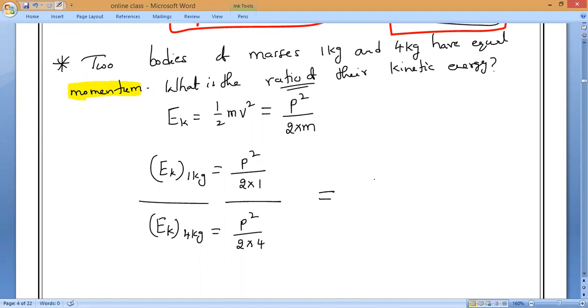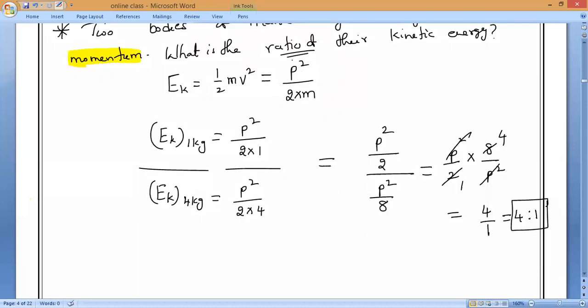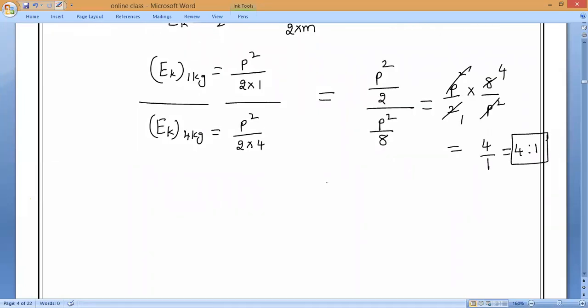So if we observe here, p square by 2 divided by p square by 8 will come, which is equal to p square by 2 into 8 divided by p square. So p square will get cancelled. 2 ones are 2, 4 twos are 8, so which is equal to 4 by 1, that is 4 is to 1. That is the ratio of their kinetic energies. All of you do it. Good, Abhiram. Very good.